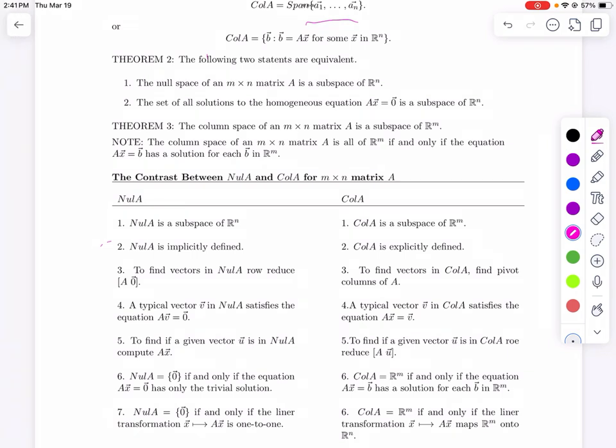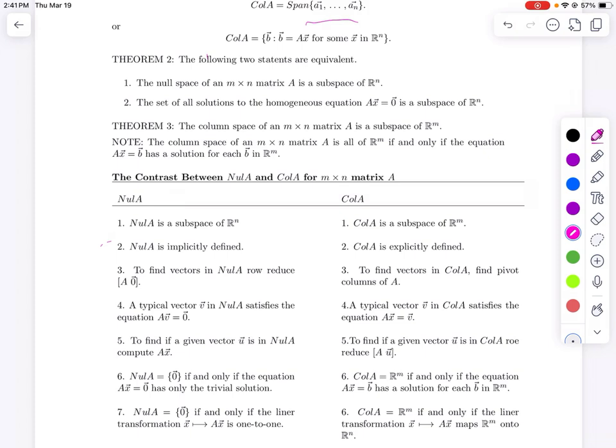Now what do we do to find the vectors which are in the column space of A, and the vectors which will be in the null space of A? To find vectors in null A, row reduce A augmented with the zero vector. Remember the matrix A augmented by the zero vector. We can find the solutions for the null space.